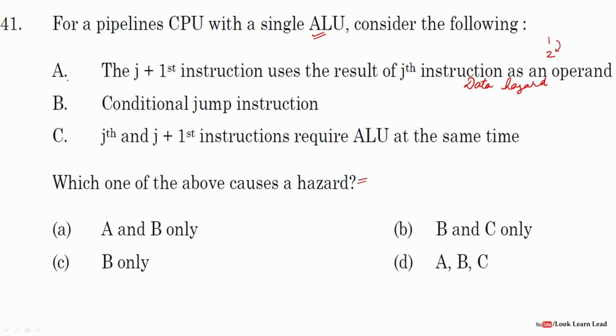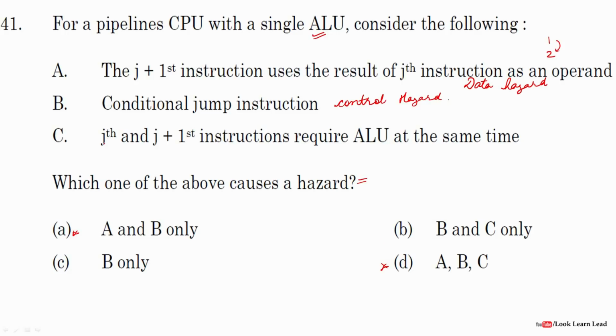So yes, either A should be right or D should be in our answer. Next, a conditional jump instruction: yes, it would cause a control hazard. So A and B, it is again either A or D.